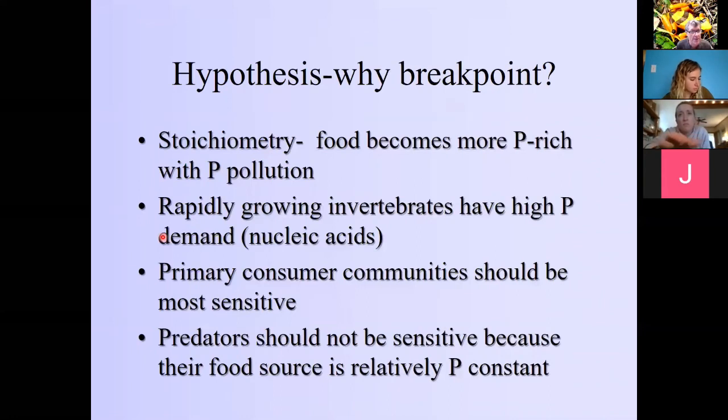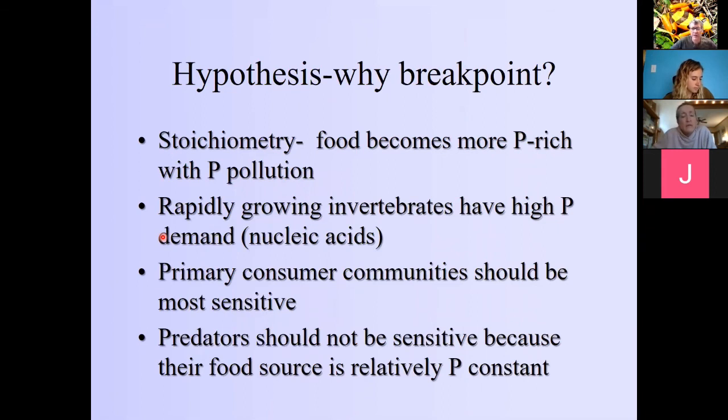Her hypothesis, Michelle Evans White, who did this work, is that with stoichiometry, food becomes more phosphorus rich with phosphorus pollution. So all the things that the invertebrates are eating are more phosphorus rich: the leaves, the algae. And invertebrates that grow more quickly have a higher phosphorus demand because they need a lot of nucleic acids to make things churn along, right? Given this, she thought that the primary consumer community should be the most sensitive.